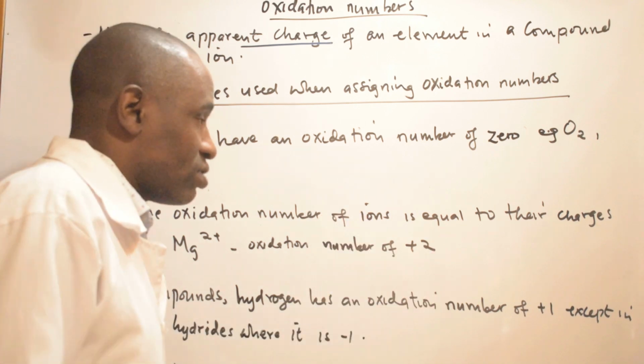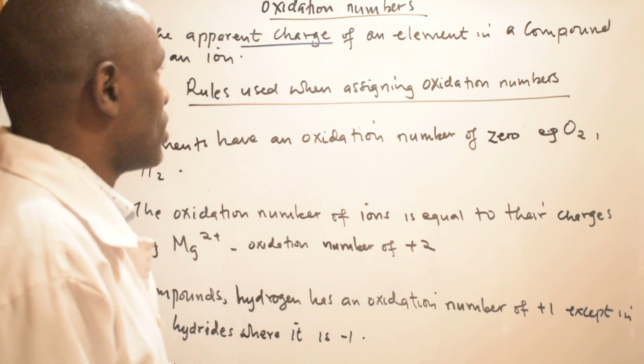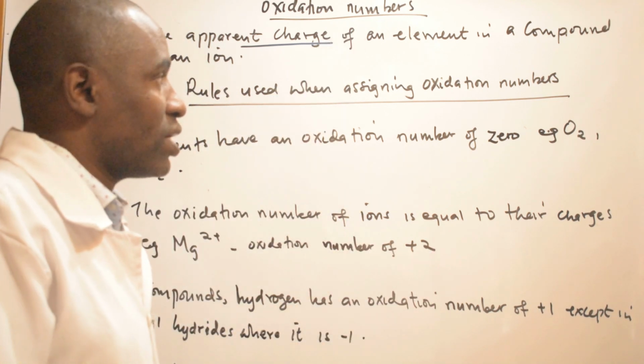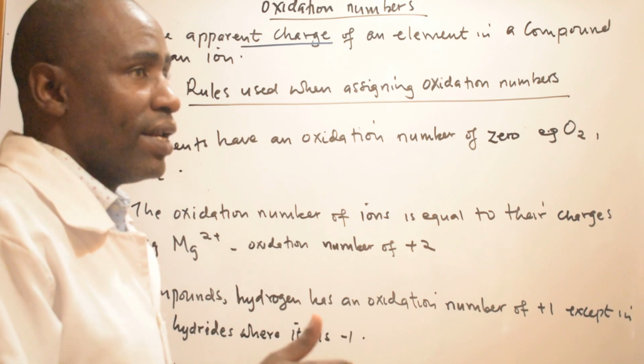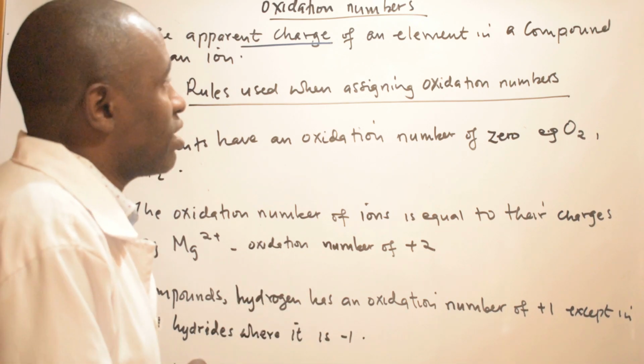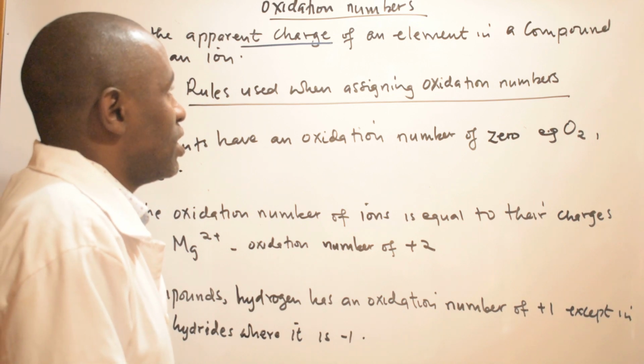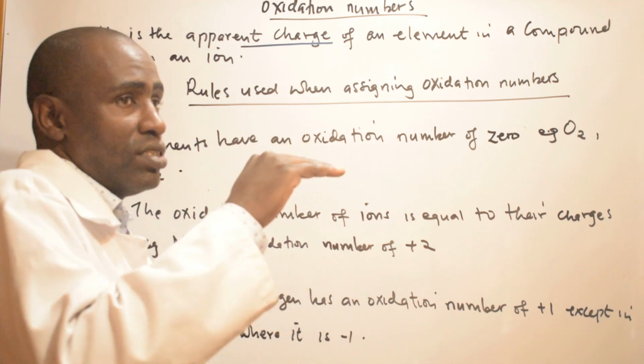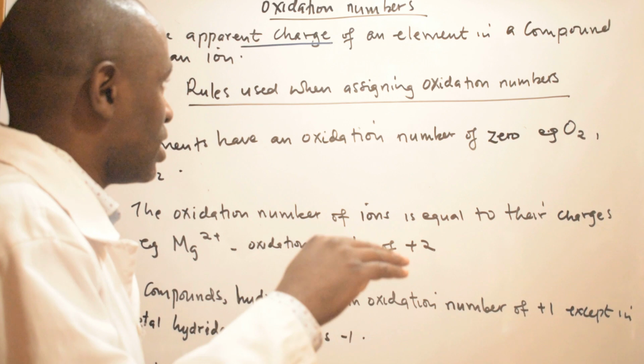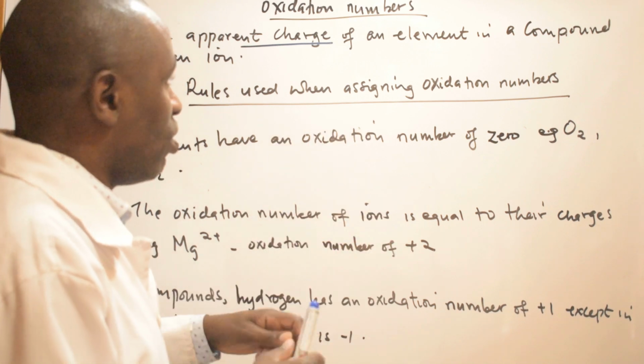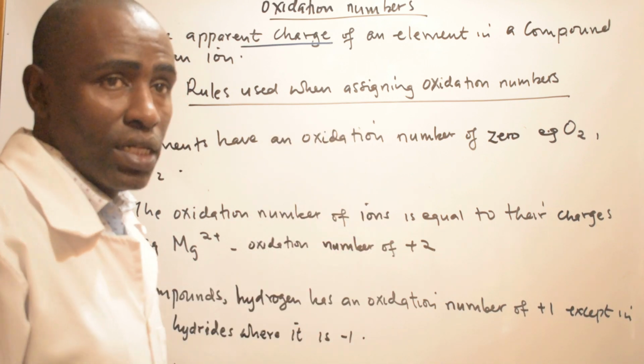When they lose electrons, the charge increases, therefore the oxidation number increases. But when they gain electrons, their charge reduces. In other words, their charge will be negative, and therefore the oxidation number will reduce.